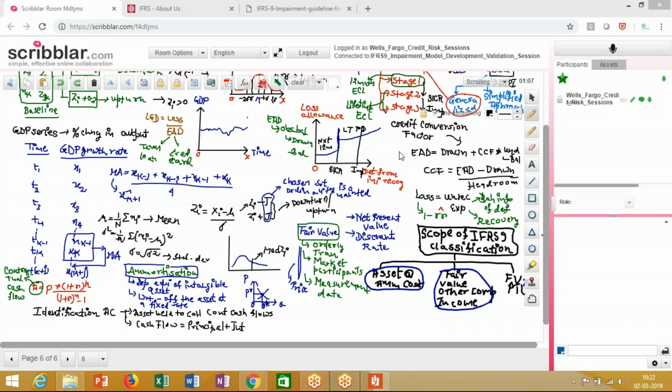And N is the number of times you are making the payment in a given period of time. In a year, if you are paying it once, N is 1. If you are paying it twice a year, or four times a year, that's quarterly, or half yearly, whatever you are doing, that is what N is. So obviously we can see that each of these concepts is done.